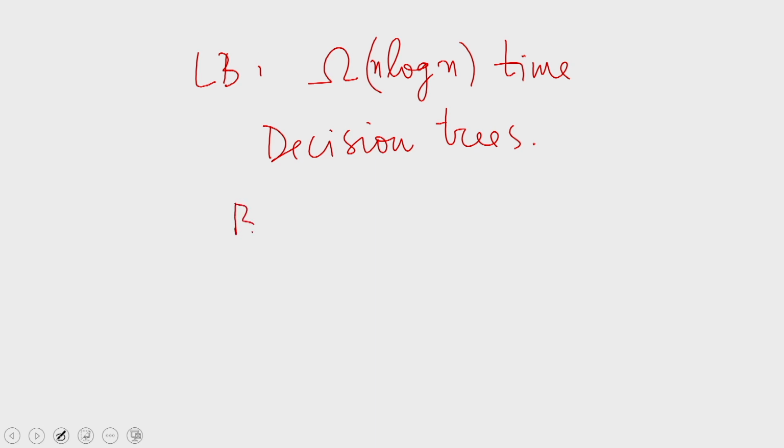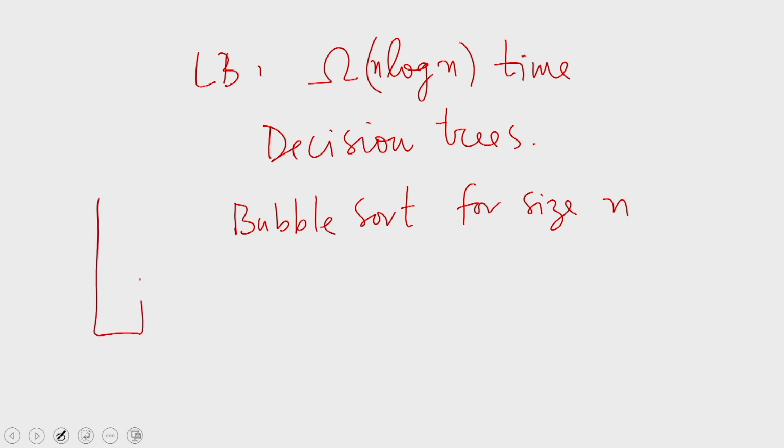For example, when you have a bubble sort implementation, let us say we are considering the algorithm for an input of size n. In bubble sort, we consider an array of size n, and we assume the elements are given vertically.